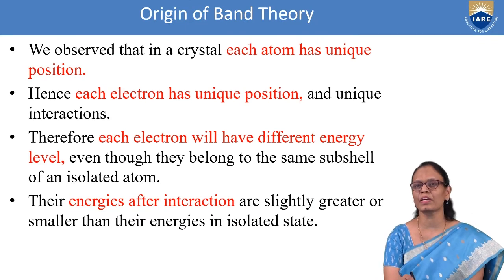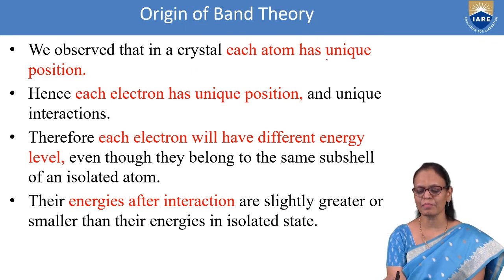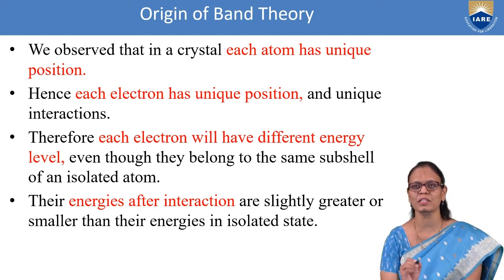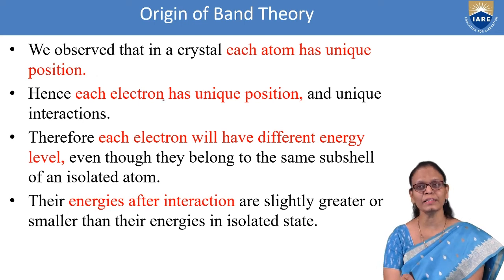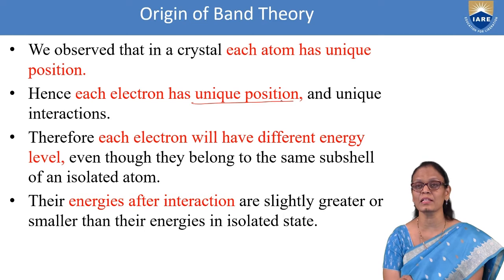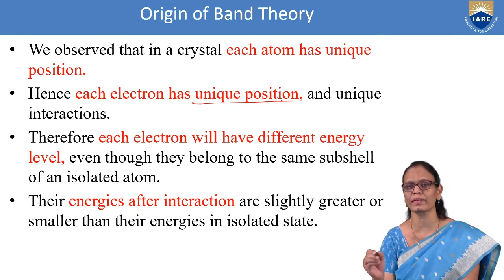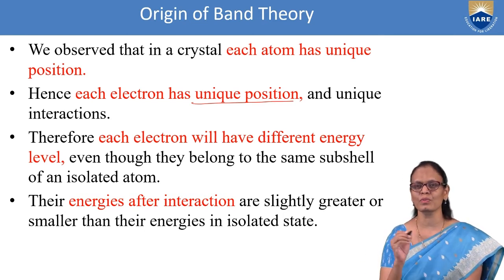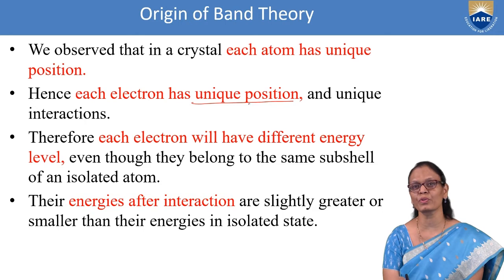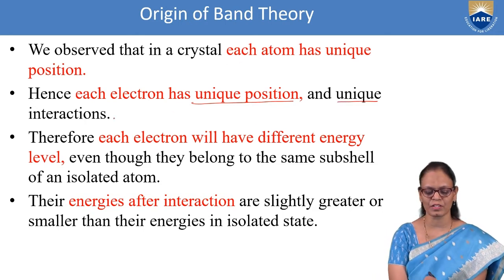Now what we are observing here is each atom has a unique position. In a lattice, the atoms have fixed positions. And each electron has a unique position. Why we are talking about unique is we have divided them into different orbits. Now 1s2, 2s2, 2p6 means first orbit, second orbit and third orbit. So the electrons have unique positions in their atoms and then unique interactions.